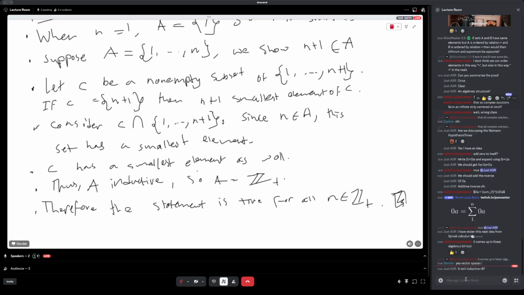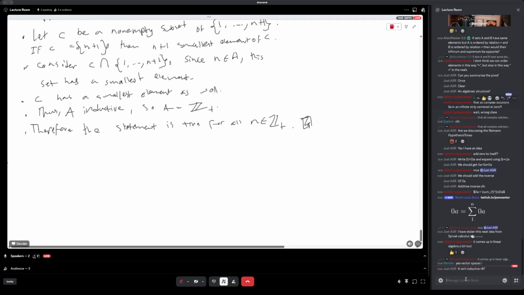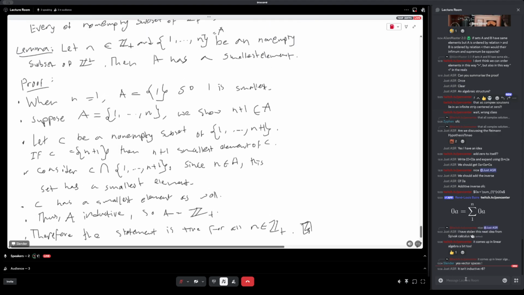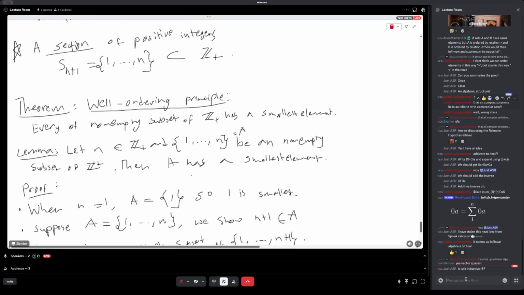So that's our lemma. Now we will use the lemma to prove our theorem. So, theorem proof. Let's just look at our lemma first. It says that for every positive integer n, a non-empty subset of 1 through n has a smallest element.